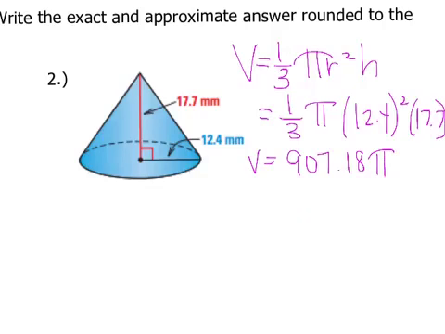Do you agree with that? Yeah? Emily? Well, that's because you rounded to the 10th instead of the 100th. And then what did you get for your approximate answer? 2,850 millimeters cubed.